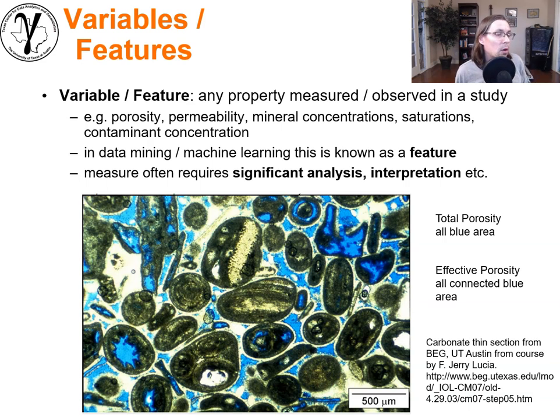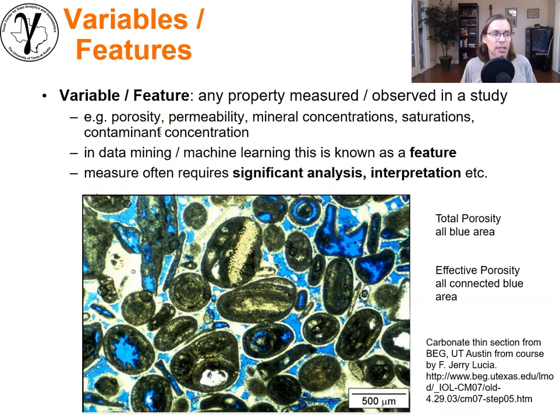Now, as we're doing data analytics and statistics, let's talk about what we are working with. Our fundamental building block is going to be a set of variables. Now, in data analytics and machine learning, we like to call them features. Same thing. Any property or measure observed in a study over space or time or whatever the domain of the study is.